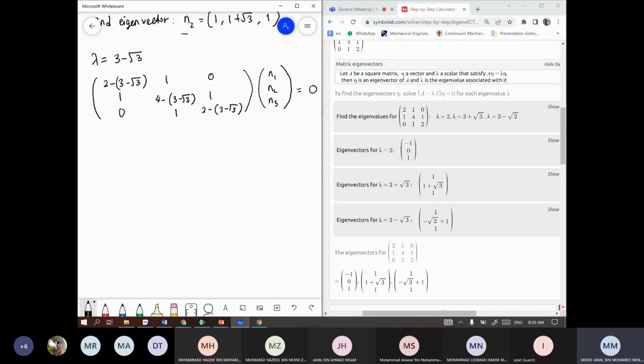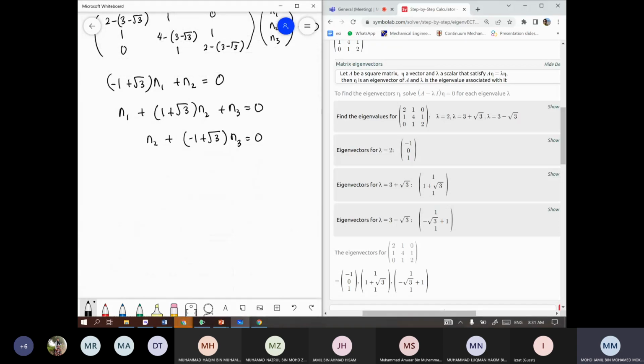So expand this. Okay, then from here we choose again n1 equals 1.